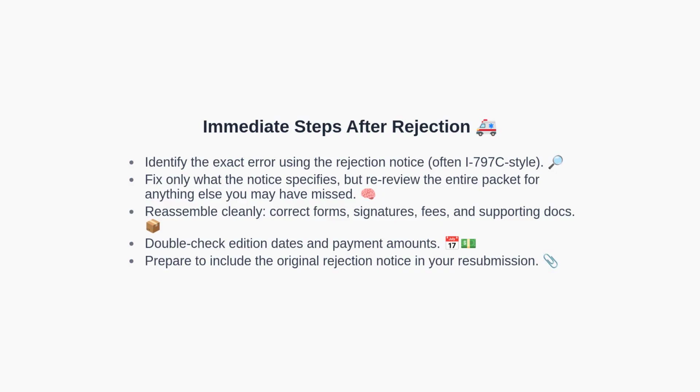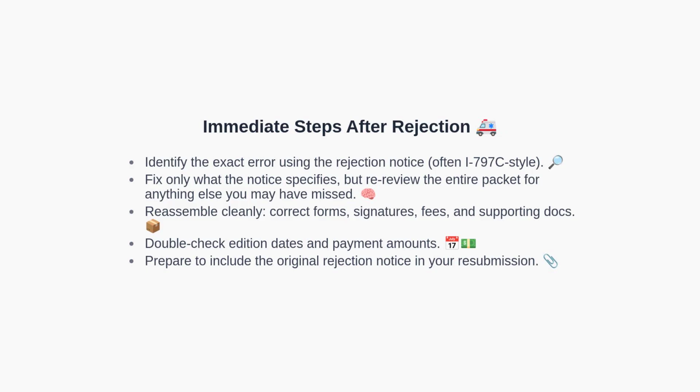First, locate and carefully read the rejection notice. This is often formatted like an I-797C and is your definitive guide to what went wrong. It may indicate a missing signature, incorrect fee, outdated form edition, or absent supporting documentation. Correct the specific issue identified. However, before resubmitting, perform a complete review to ensure no other component is missing.